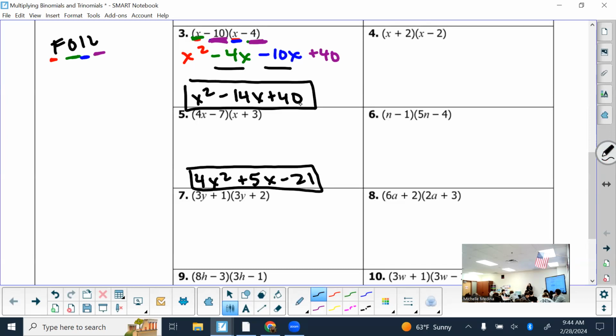So questions on that? No. The 40? No. Are you adding? So combine means add. You could look at it this way, or you could look at it this way, which is still the same thing. So saying negative 4x minus 10x is the same as doing negative 4x plus negative 10x.